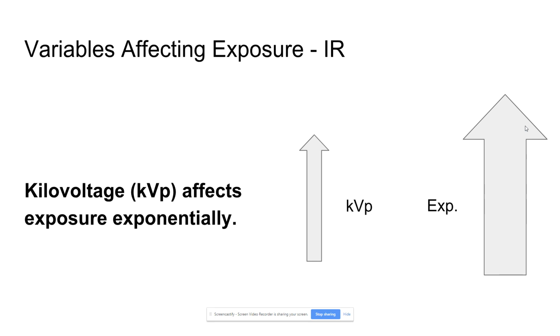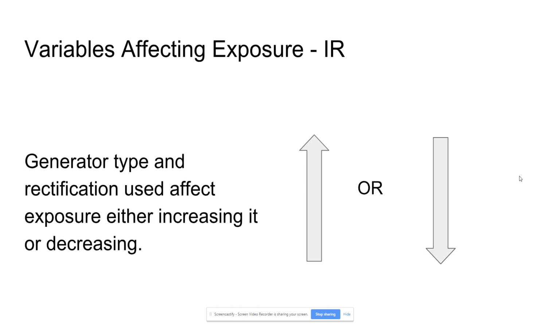Because think about it, an increase of 15% doesn't mean that your exposure goes up 15%. The rule of thumb is that it will increase 30 to 50%, almost double, when your kV goes up just a mere 15%. That's why it's a much larger arrow than what we had for mA, time and mAs.